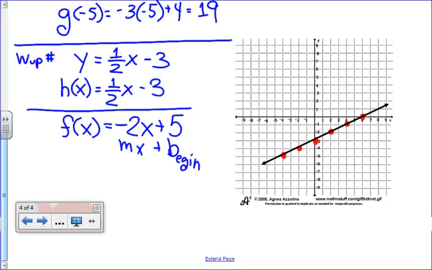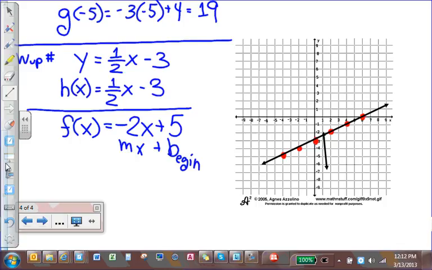Yep, I'm going to use the factorization for negative 2x plus 5. So go ahead and do it down to nothing.